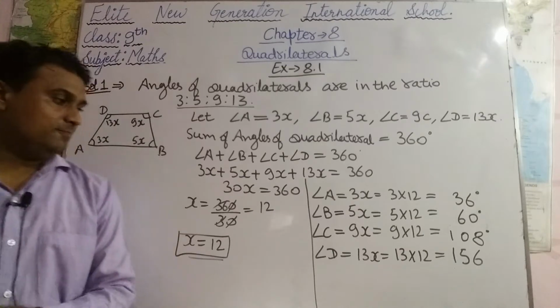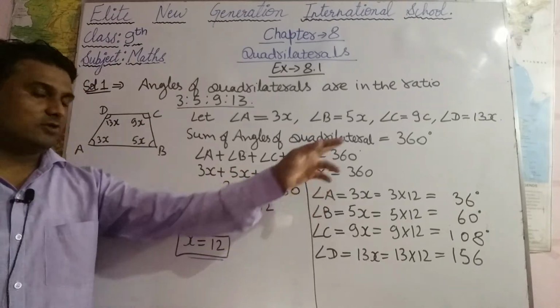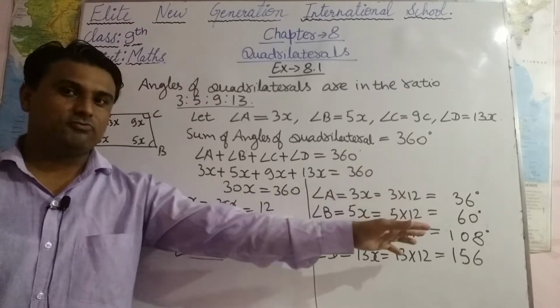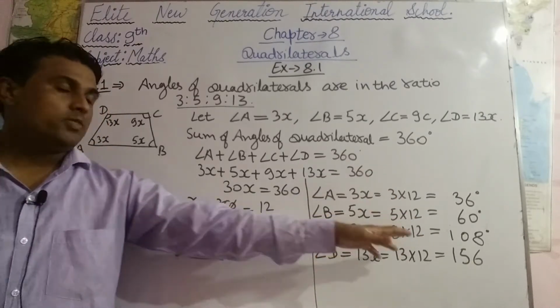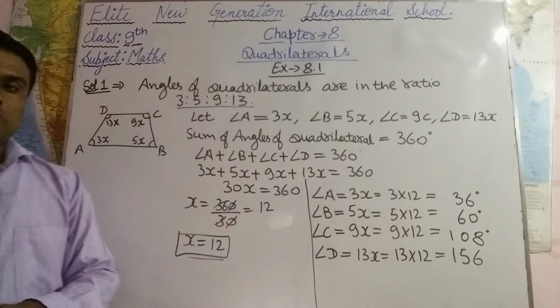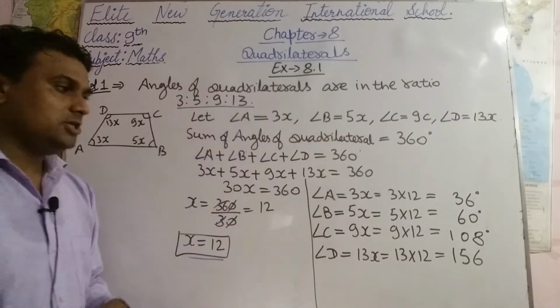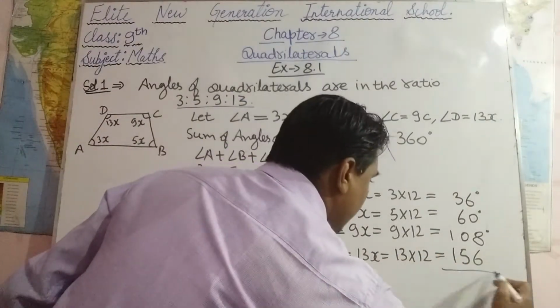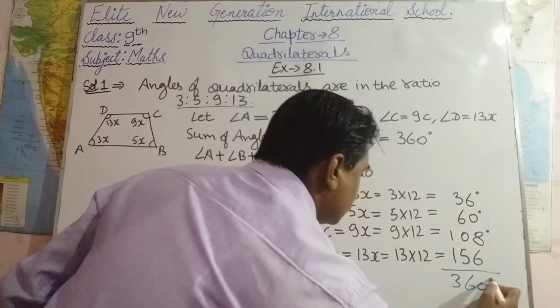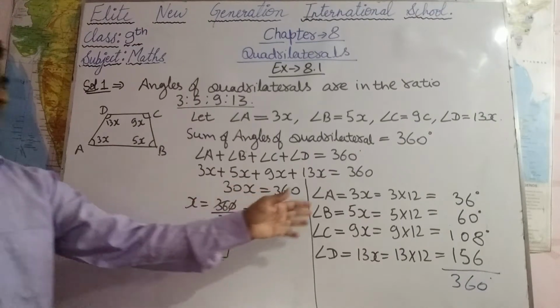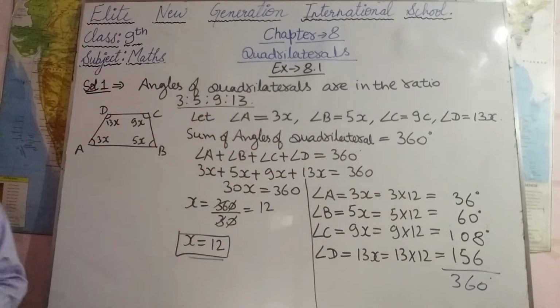So here we can say that angle A equals 36, angle B equals 60 degrees, angle C equals 108, angle D equals 156. Now for checking, we can check that the sum of angles of the quadrilateral is 360. So when we add all these angles, it will be 360. That means we can say that these are the angles of the quadrilateral.